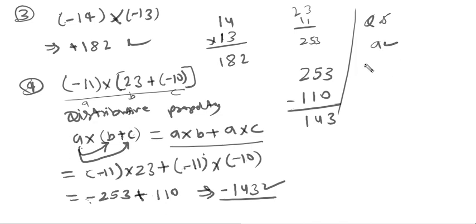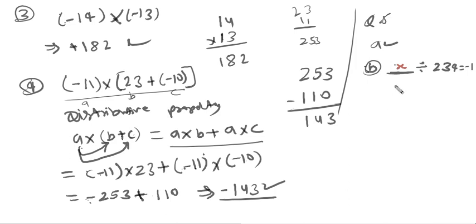I am taking question B. There is a fill in the blank, the sign is division: blank divided by 234 is equal to minus 1. Here we do not know what comes, so let us assume x.